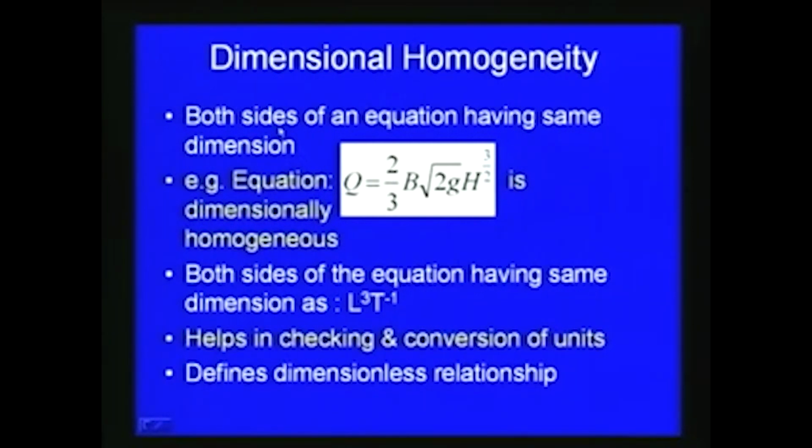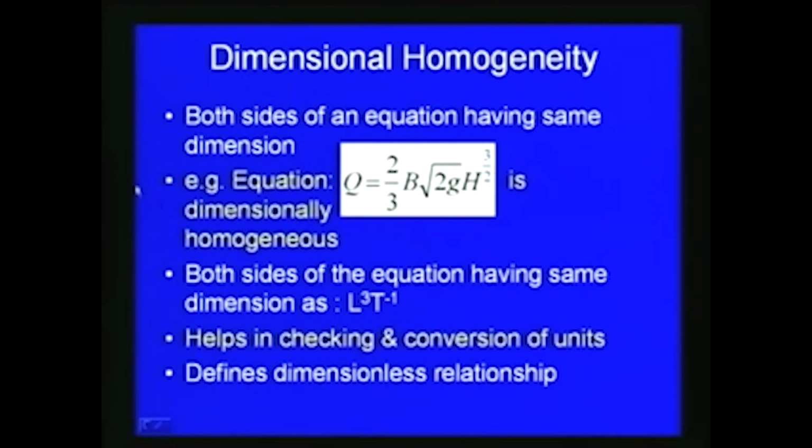Dimensional homogeneity means, as written in this slide, that if both sides of an equation have the same dimension, then the equation is said to be dimensionally homogeneous.